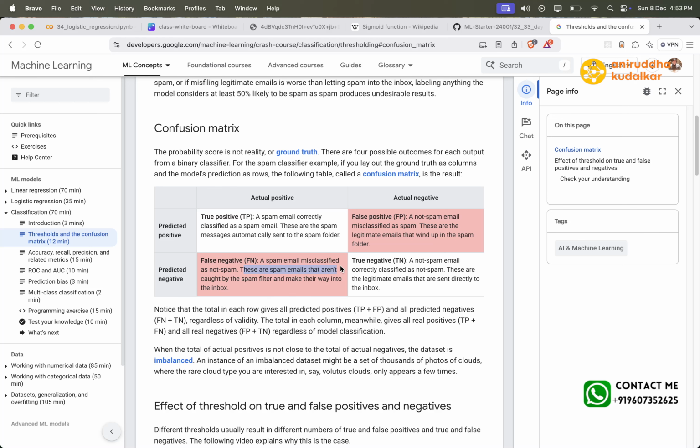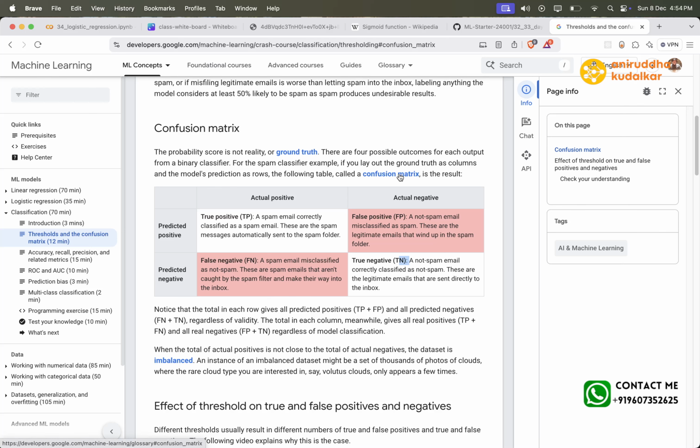These are the spam emails that are not caught by the spam filter and make their way into the inbox. The predicted negative and actual negative is TN. So TP, FP, FN, TN: true negative, predicted negative and actually negative.